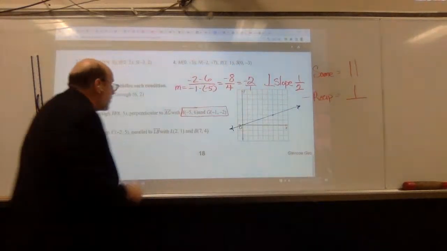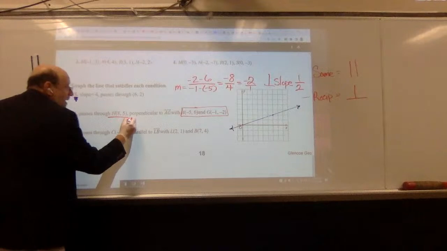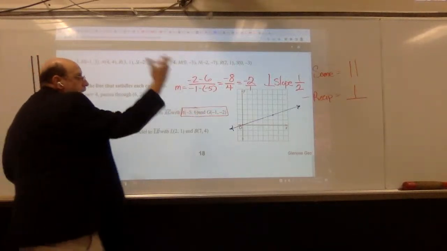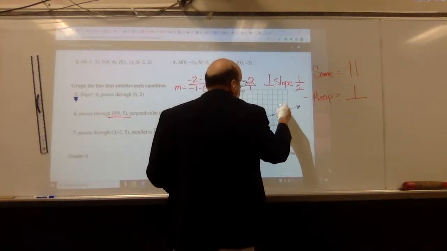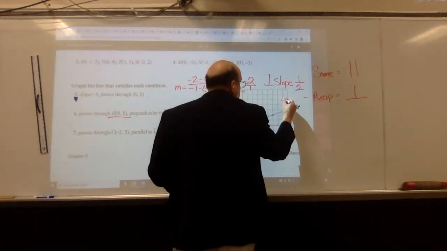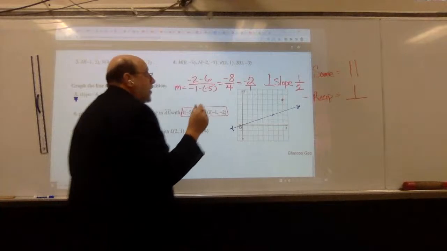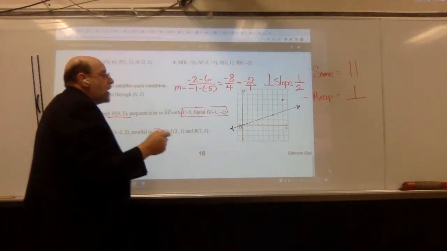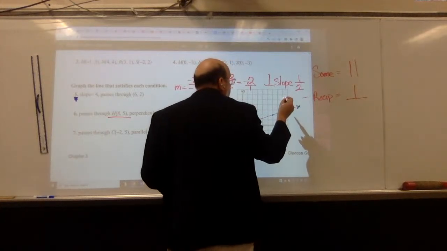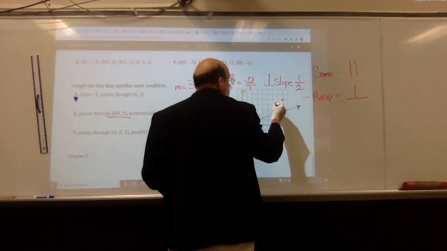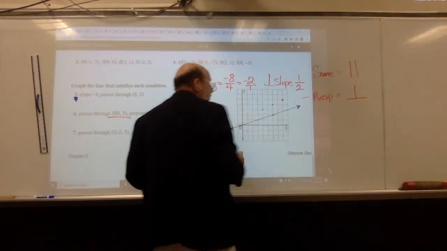So I have a slope of 1/2 that passes through over 8 up 5. Now, this is 6, this is 8, 3, 4, 5, right? And my slope is a positive 1/2. So I go up 1 and over 2. I'm going to go down 1 and back 2 because that's how I cheat. Sound good?